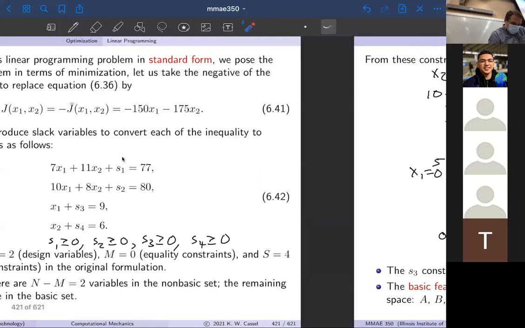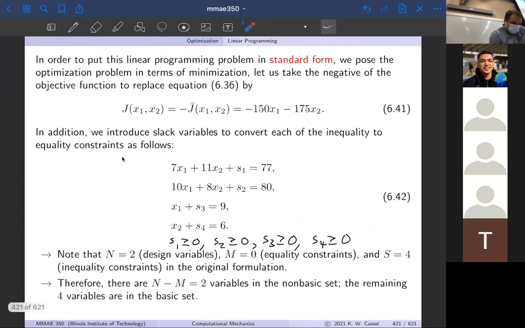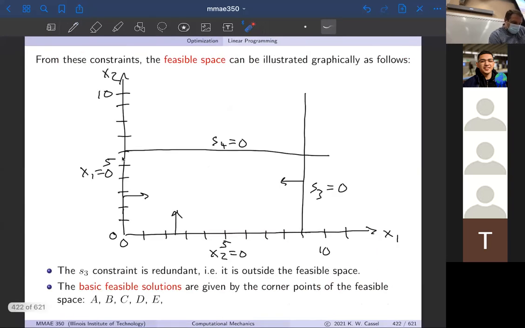Then this one, x2 is less than or equal to 6. If x2 is equal to 6, then S4 is equal to 0. S4 is equal to 0 when x2 is equal to 6. So it has to be below. Okay, this is fun. Well, at least I'm having fun.